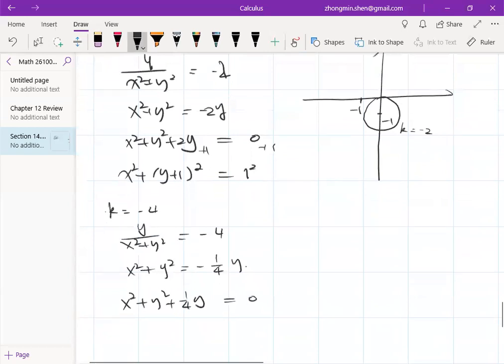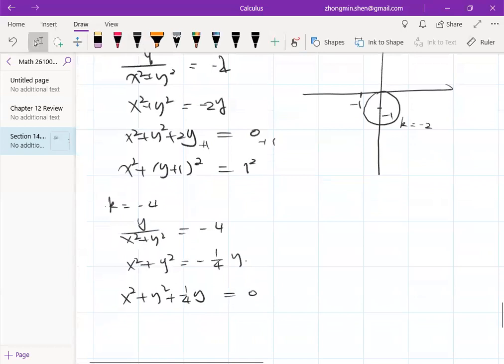You will see that when k increases, you get a smaller circle instead of a larger one. Completing the square, you add 1/8 squared, so it's (y plus 1/8) squared. As you can see, this is a very small circle, but again attached to the origin.